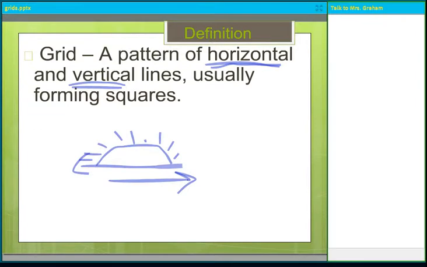So horizontal and vertical sound pretty similar, but they kind of are antonyms for each other. Vertical is all about going up and down, and horizontal is about going from left to right.